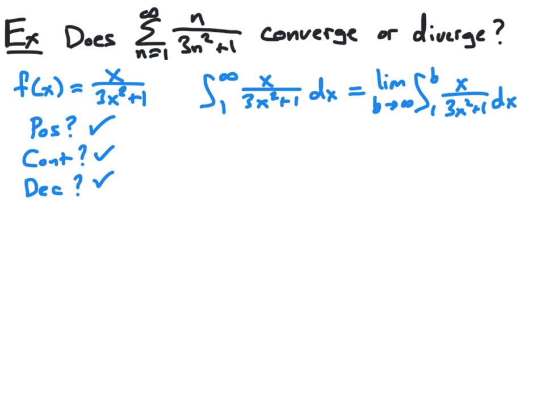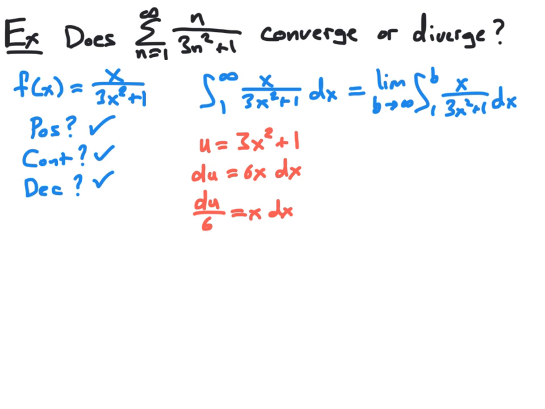In this case, we can do a substitution where u is going to be the denominator, 3x squared plus 1. Du will then be 6x dx, the derivative of 3x squared plus 1. And since we only have an x dx in our integrand, we're going to replace that with du over 6.